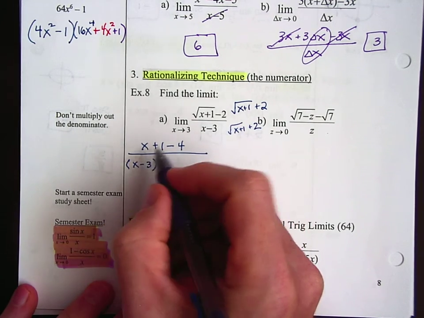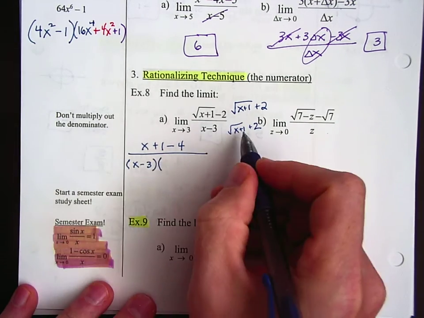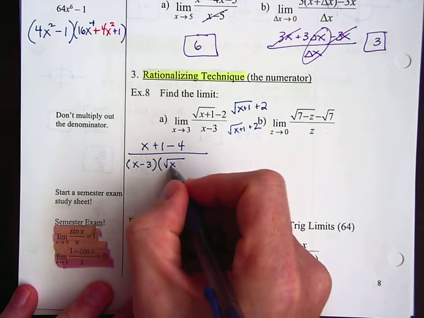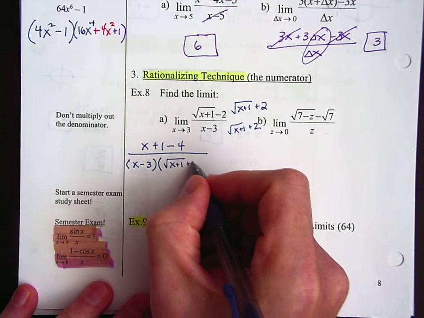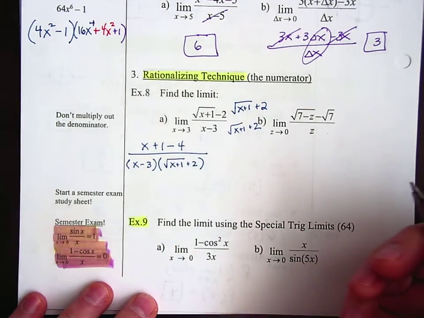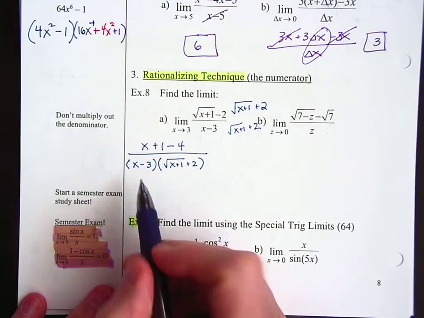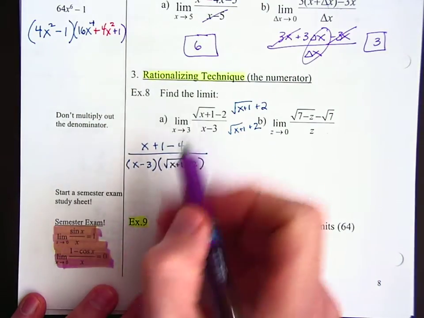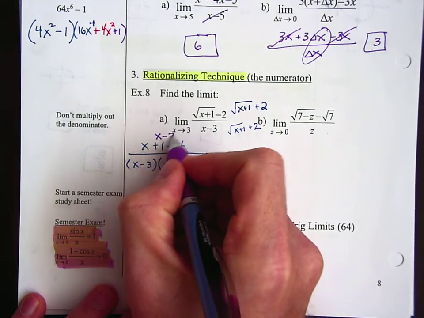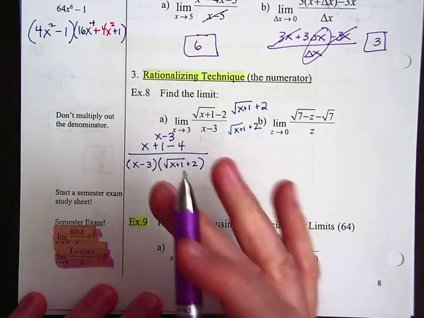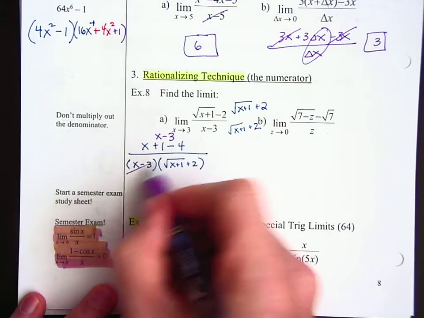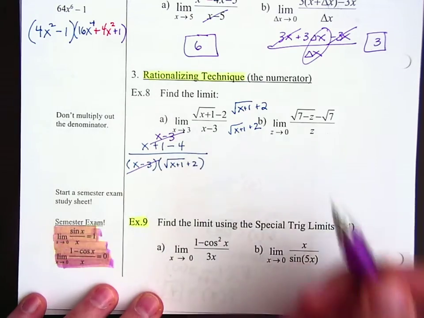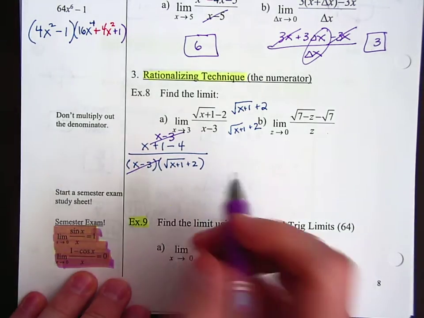Stop. Okay. So this is x plus 1 plus 2. And do not multiply that out, because what's going to happen is the numerator here is going to reduce to x minus 3. And this is going to happen every time, and these are going to cancel. Okay? That was the whole point of that.